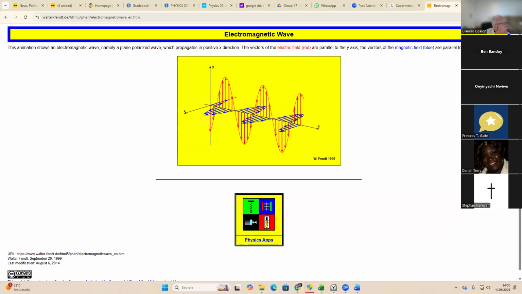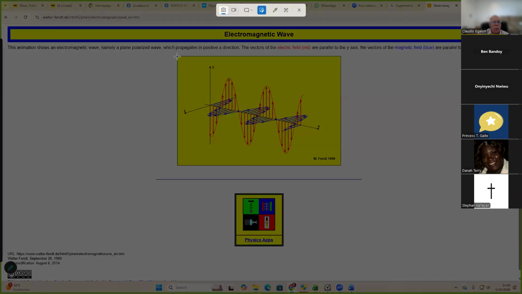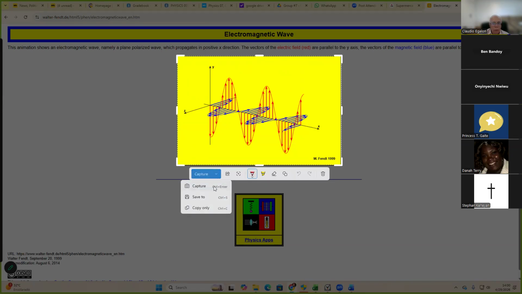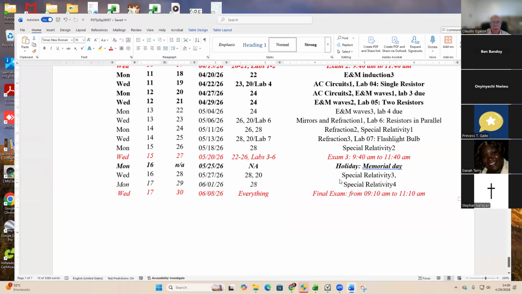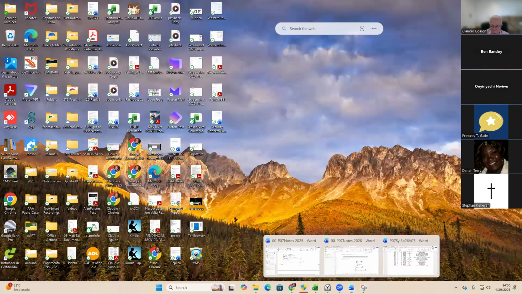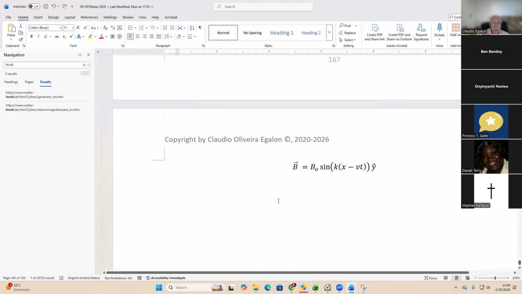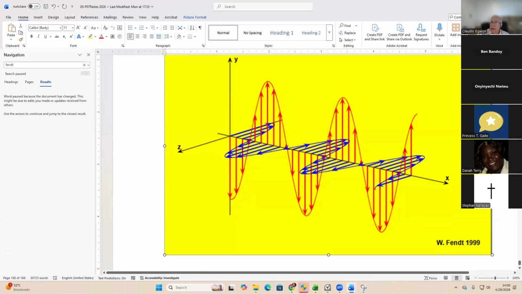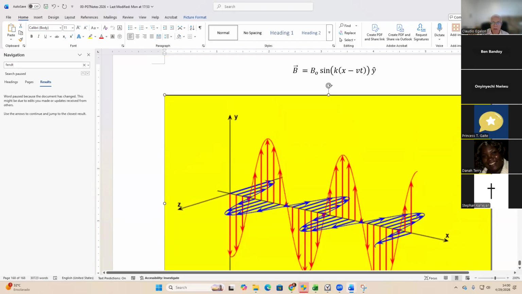Snipping tool. Okay, so here you go. The magnetic field, he made it along the z direction.